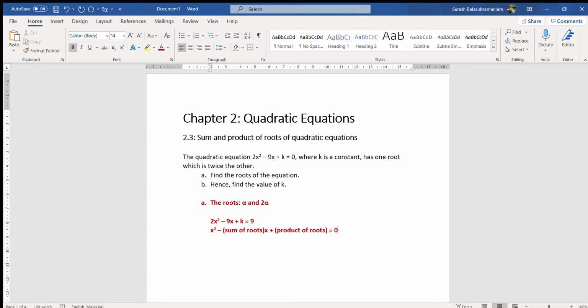Cool. So this is the equation where the sum of roots and product of roots can be used to create the equation. Now we want to compare this equation with the equation above, so I must modify the equation given in the question. First I must make the 2 become 1, so I will multiply by 1 over 2.